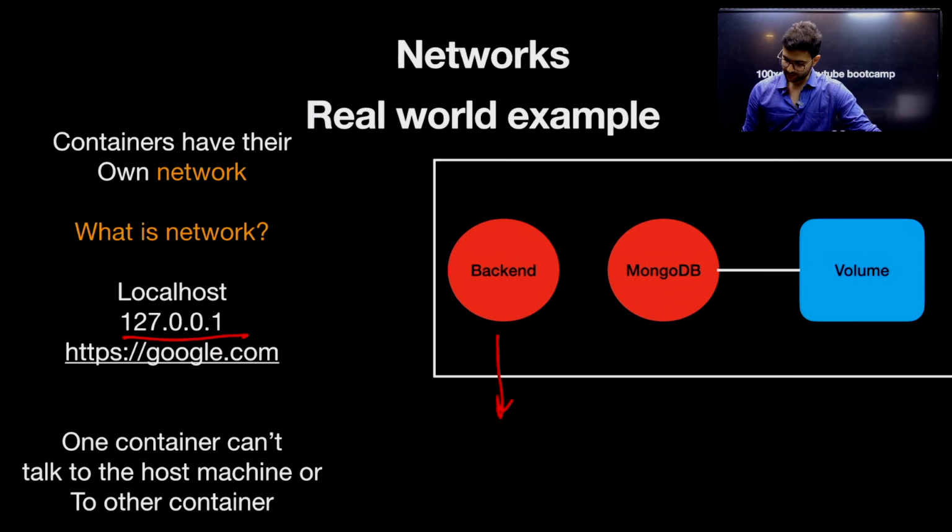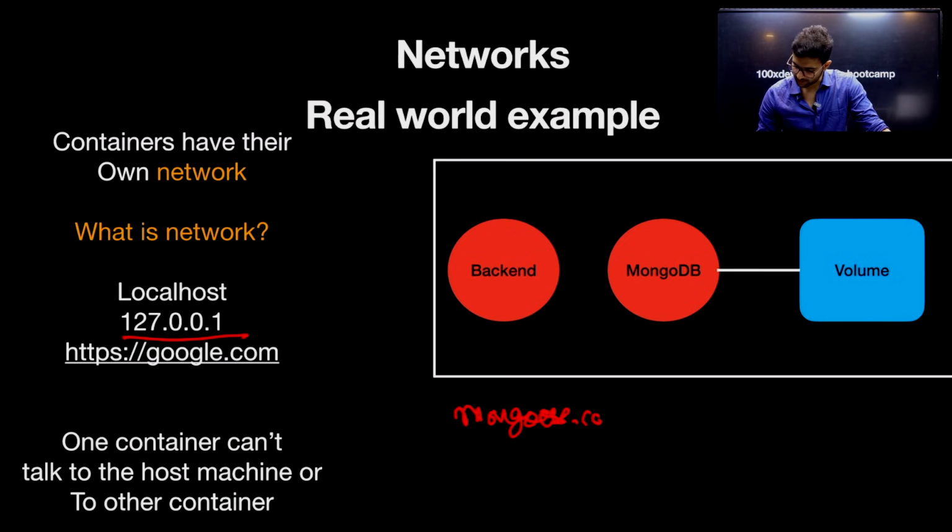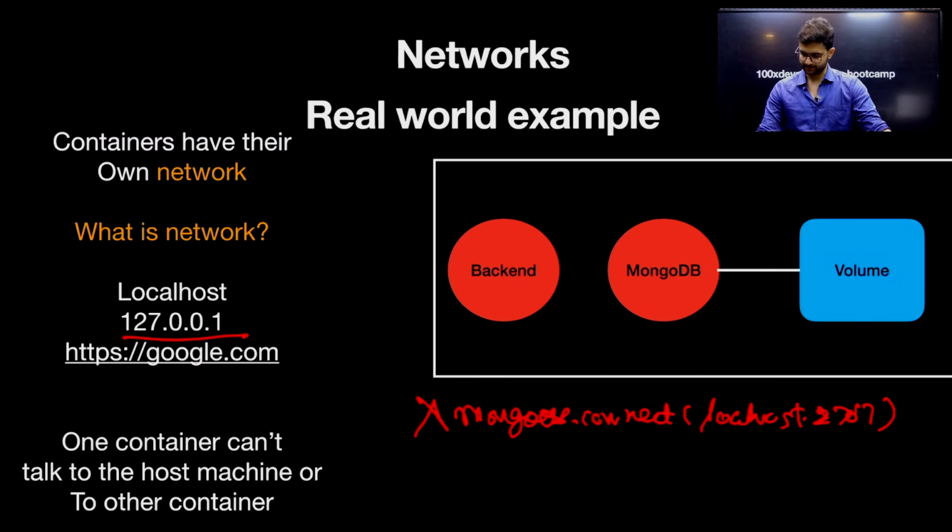So localhost in the context of every container means itself, which means I can't simply write mongoose.connect localhost:27017, because localhost for this backend application means the same container. I cannot do this. One container cannot talk to the host machine or to another container.